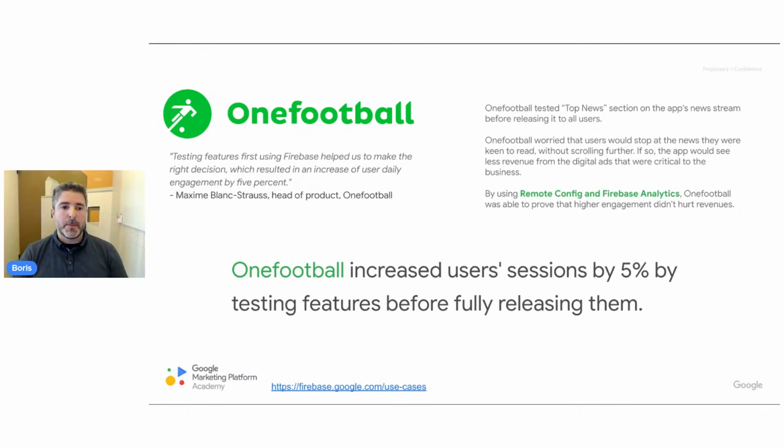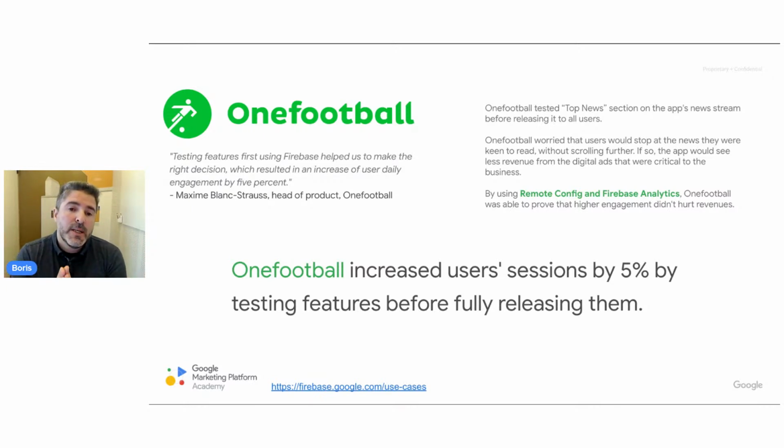A quick success example with OneFootball. OneFootball is a football/soccer app. It provides match scores, user-generated content, and content created by the newsroom or bloggers. They tested a top news section in the app's news stream before releasing it to all users, and worried that users would stop at the news they would like to read without scrolling further.